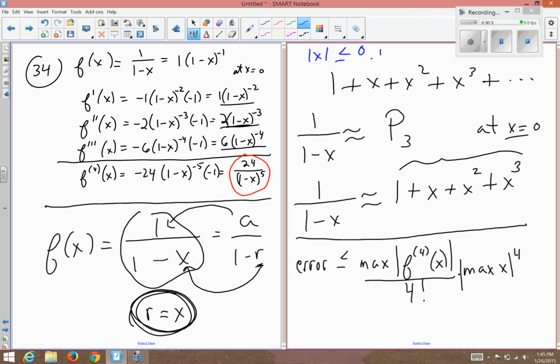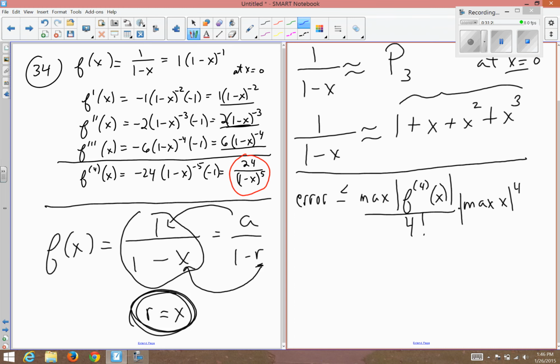But why don't I just divide that by 4 factorial before I write anything down?